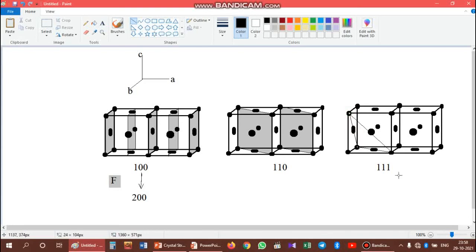This is one triangle, and you will be surprised to see that this triangle is covering this front face center, this left face center, and this bottom face center. So along with these three lattice points of the three vertices, it is also covering three face centers.